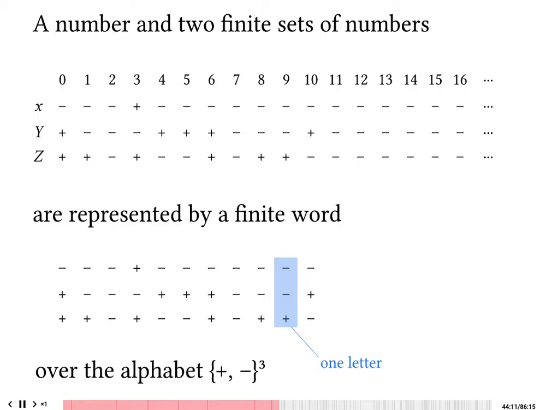And in general, the alphabet is plus minus to the power of, well, however many numbers and sets you want to represent. And of course here, if you want your representation to be finite words, it is crucial that you're dealing with finite sets.